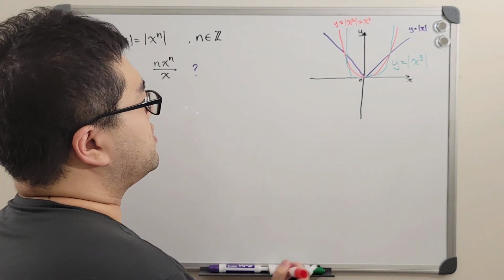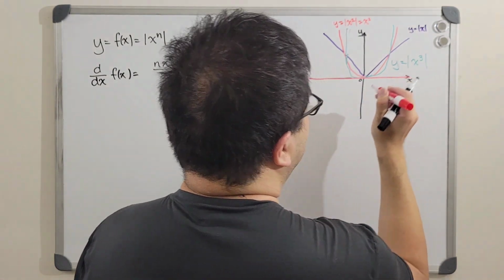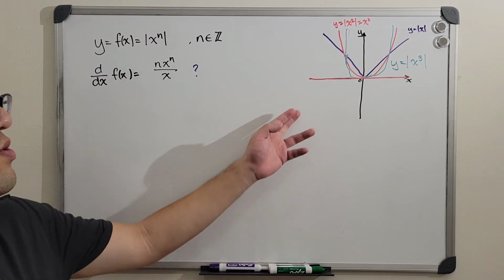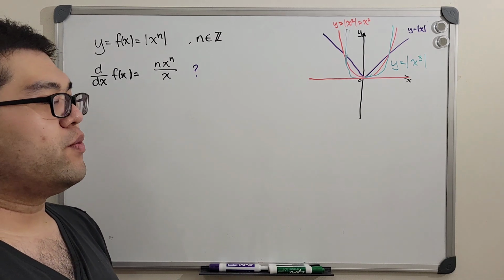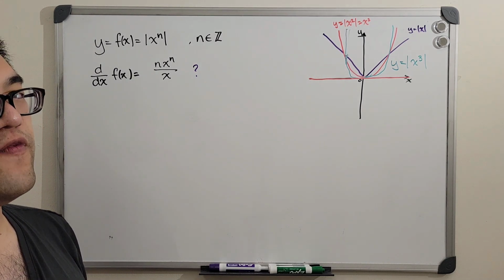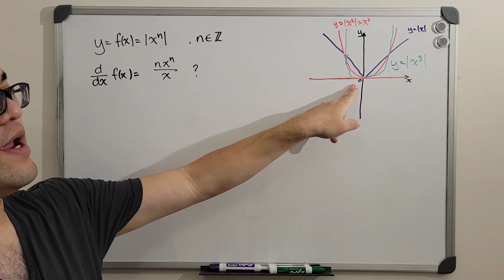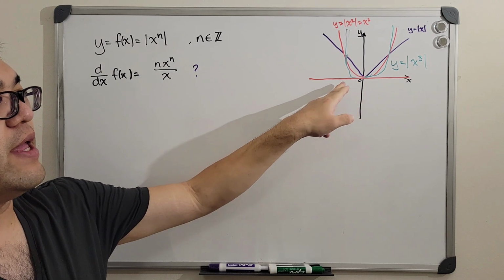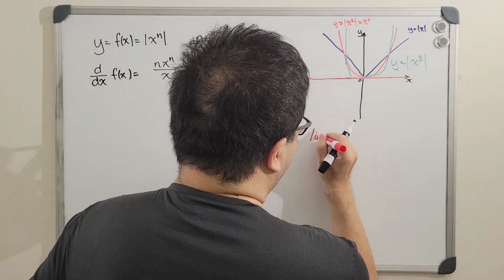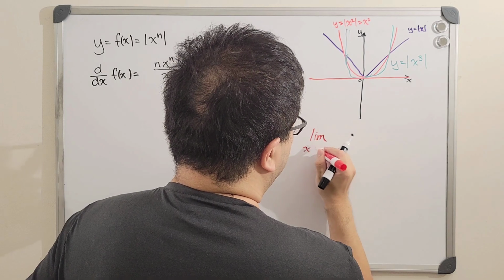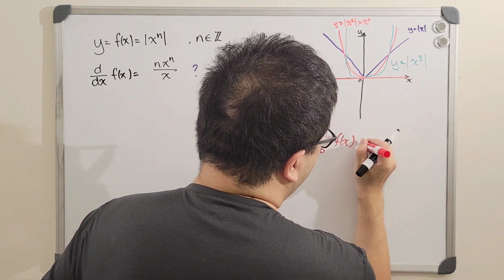In other words, we actually can claim that the tangent line at 0 is y equals 0. And again, we can actually use the limit definition by taking the left limit from the negative side and the right limit from the positive side, and try to see if we can show that the limit as x approaches 0 on either side of the function is actually going to be 0.